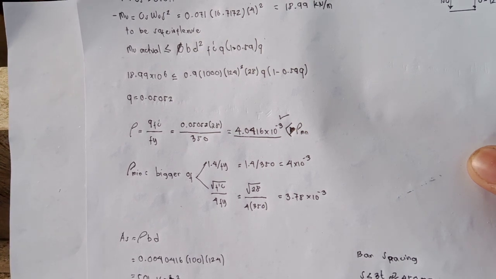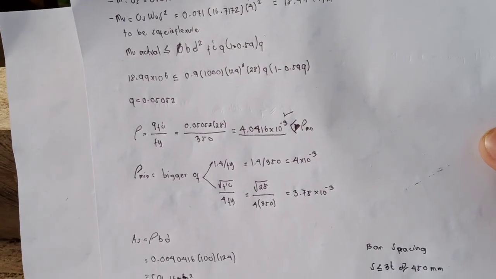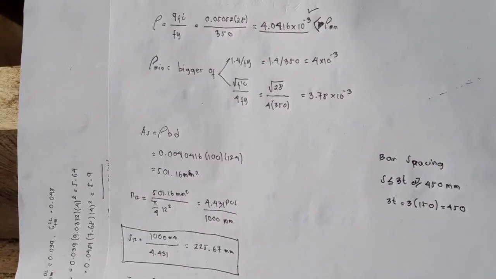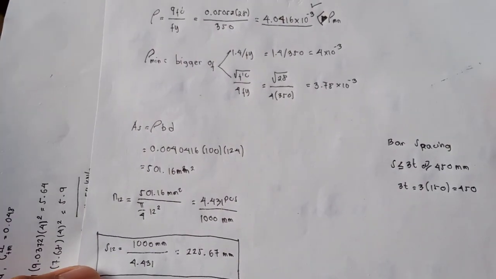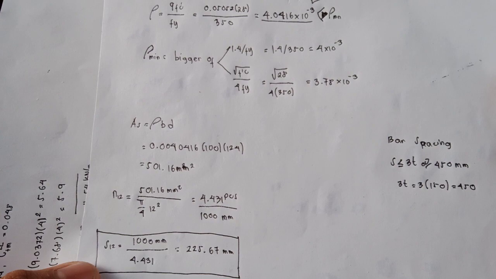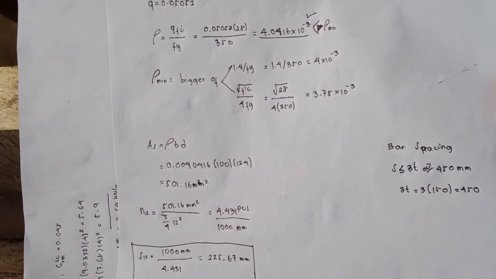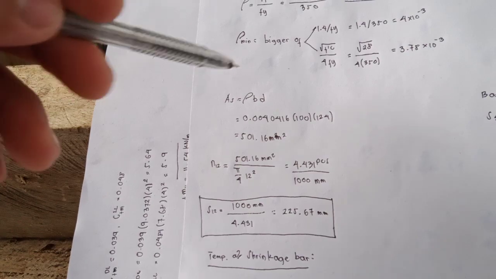Therefore, we can compute our As. Our As is equal to rho times b times d.